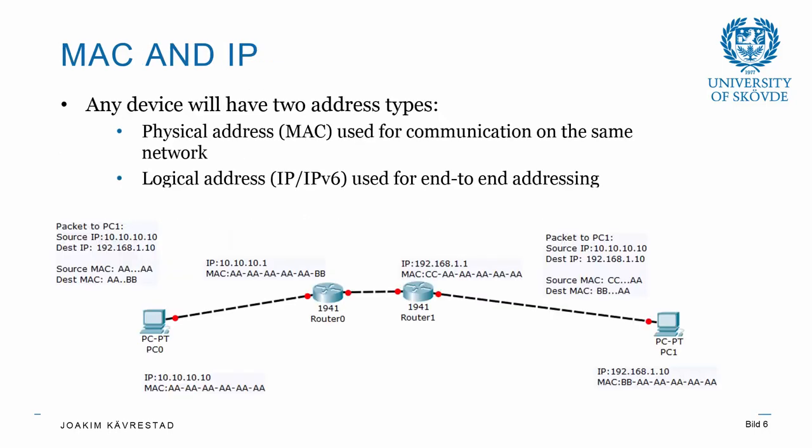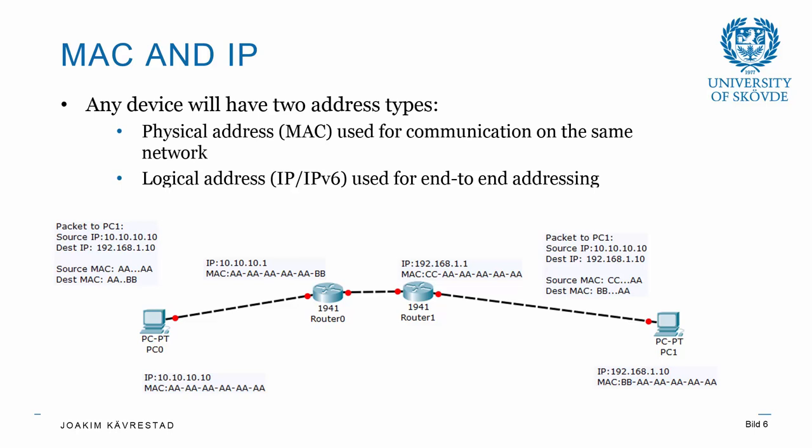So let's rehearse MAC and IP a little bit. As we learned from last lecture, any device will have two address types. First you have the physical address, the MAC address that is used for communication on the same network, and then you have the logical address, the IP or IPv6 address that is used for end-to-end addressing.